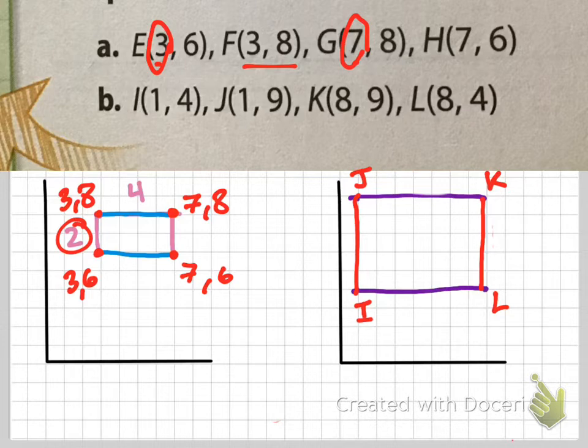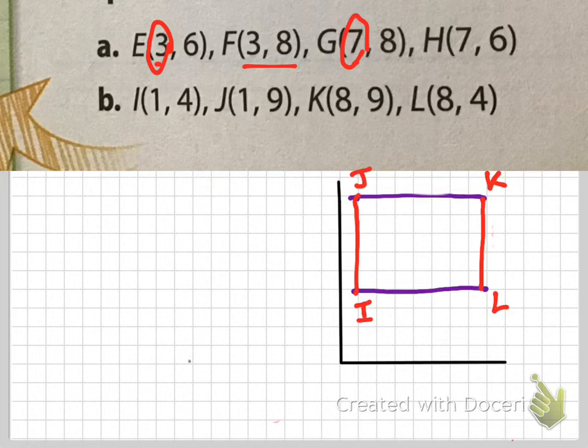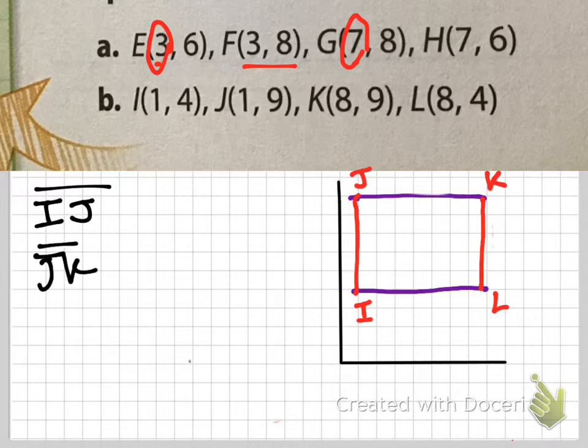You can't just decide on your own which point is which point. It depends on what their vertices are when we match our vertices. So let's identify the length of our lines. I want to find out the length of IJ. I want to find out the length of JK. I want to find out the length of KL. And I want to find out the length of LI.